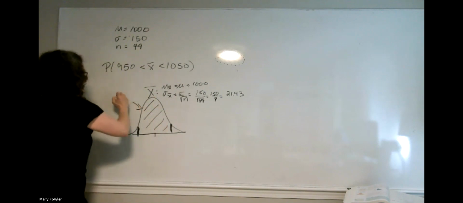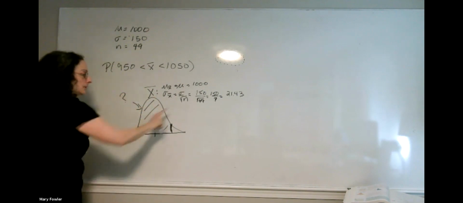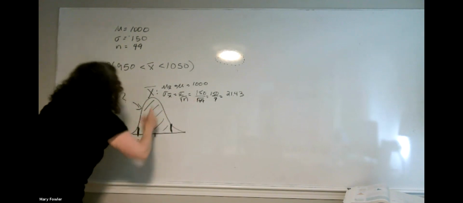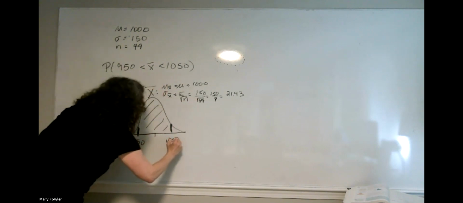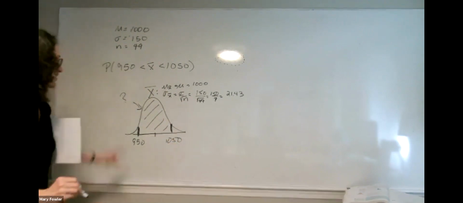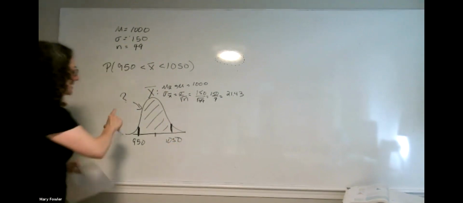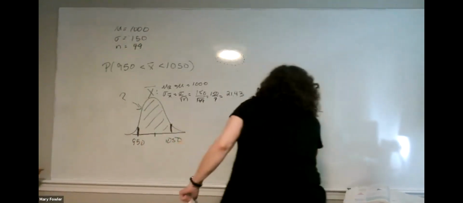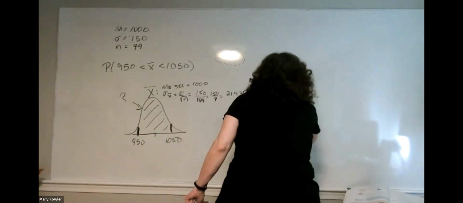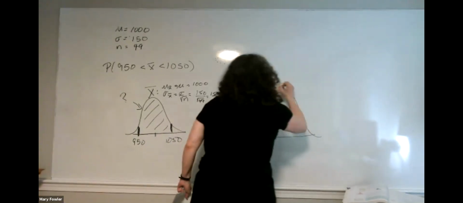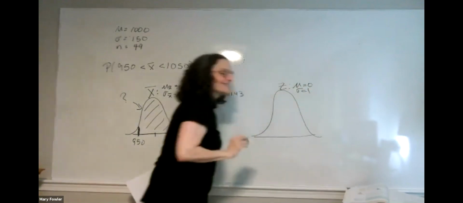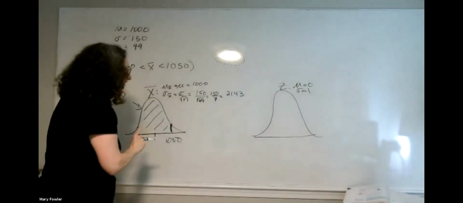We're looking for the area in the middle, and we want the lower bound to be 950 and the upper bound to be 1,050. This is approximately normal, and we'll transform.